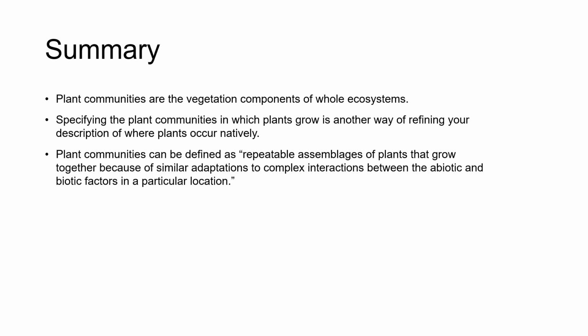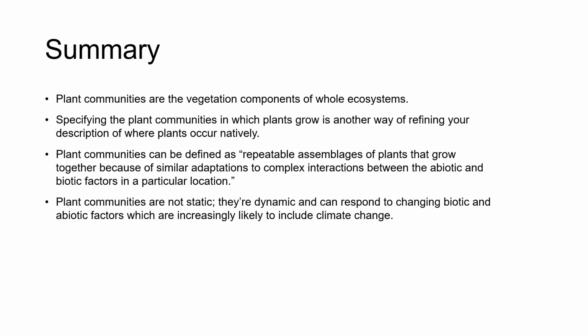Plant communities can be defined as repeatable assemblages of plants that grow together because of similar adaptations to complex interactions between the abiotic and biotic factors in a particular location. And finally, remember that plant communities aren't static. They're dynamic and can respond to changing biotic and abiotic factors, which are increasingly likely to include climate change.